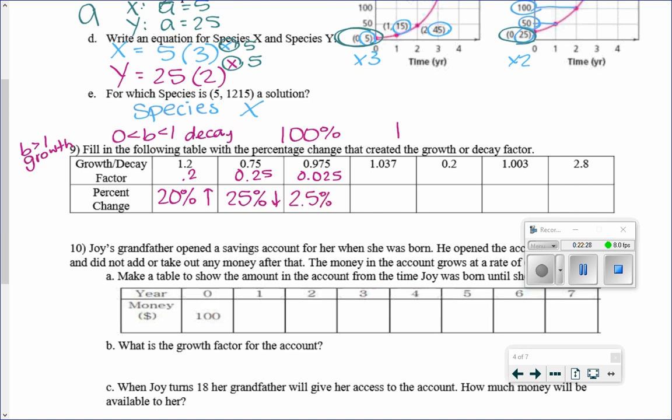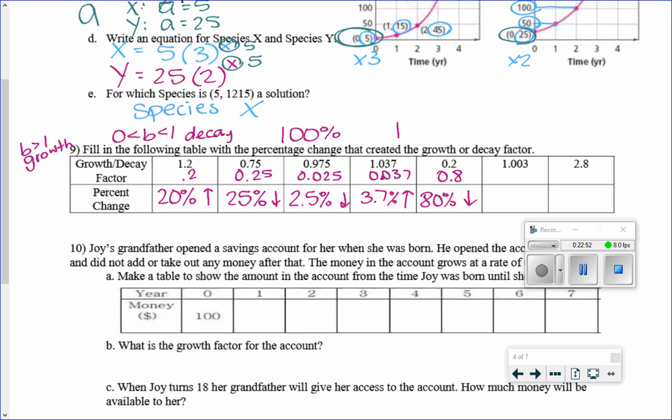And a decay. Next, the difference from 1, 0.037. So as a percent, 3.7%, and it's a growth. 0.2 is 0.8 away. So what percent is that? 80%. Growth or decay? Decay, let's see.